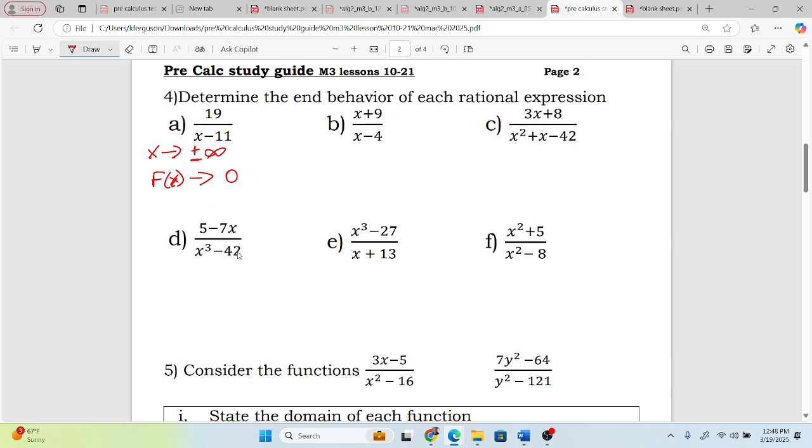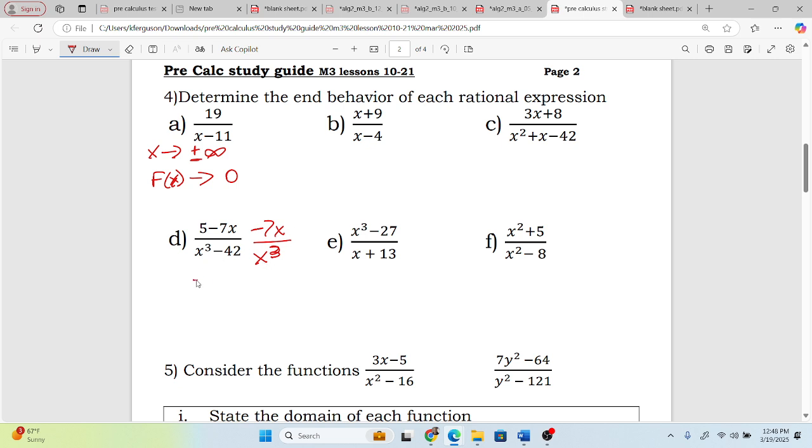For instance, let's look at D. End behavior. If I got a problem like that, what would end up happening is I would reduce an x on the top. I would look at the most significant term, and so it'd be negative 7x over x to the third power.